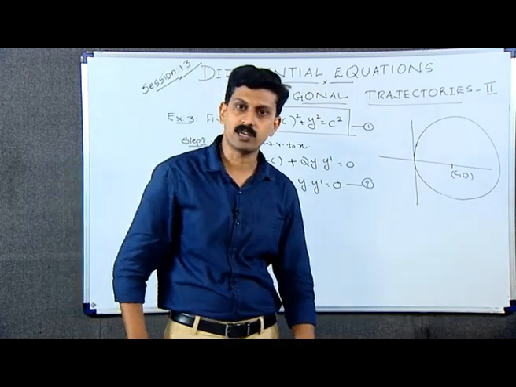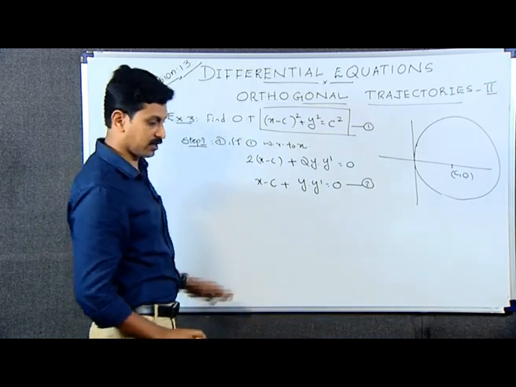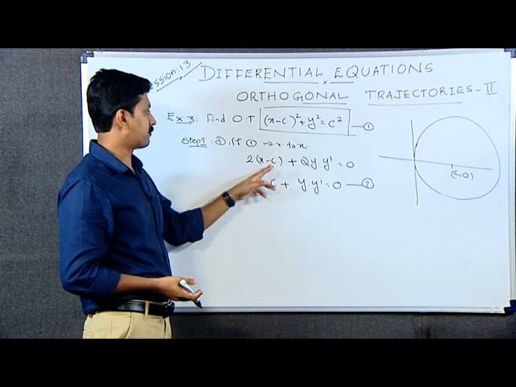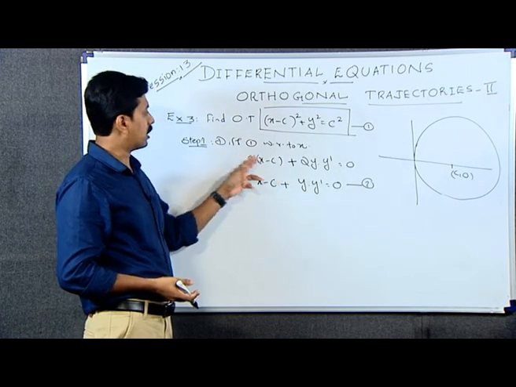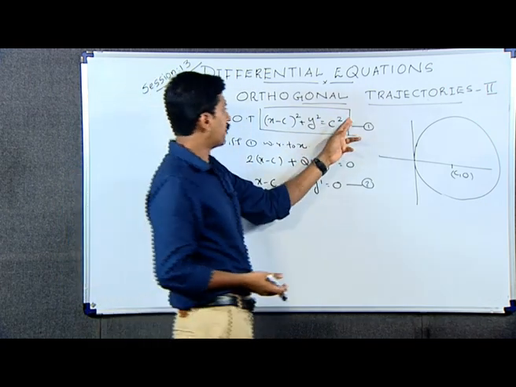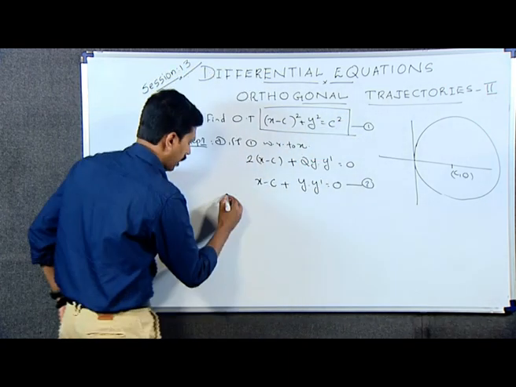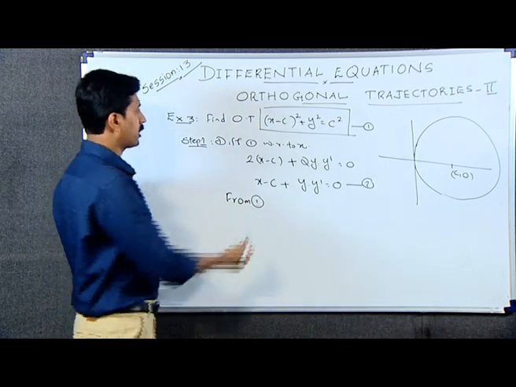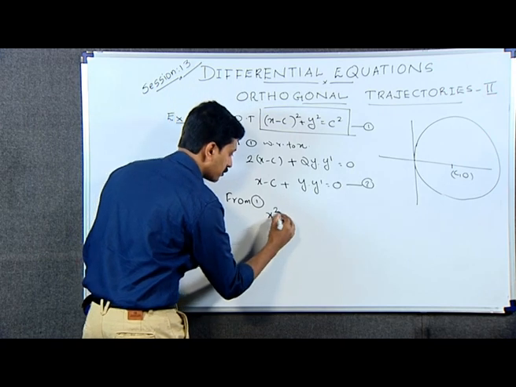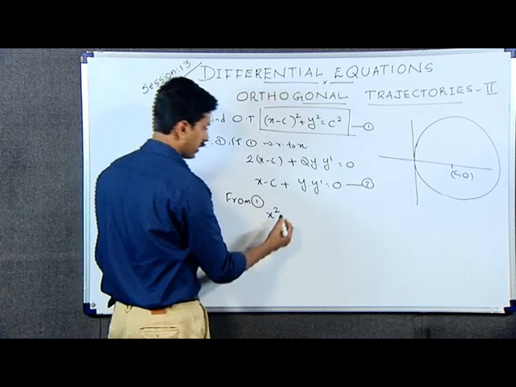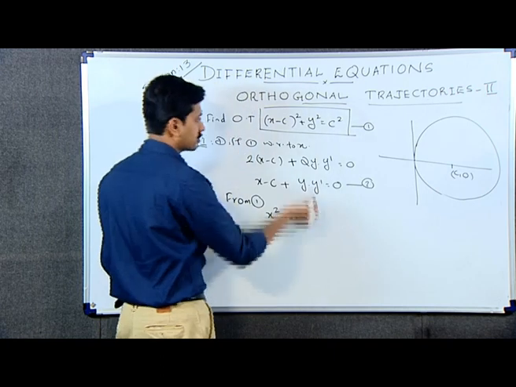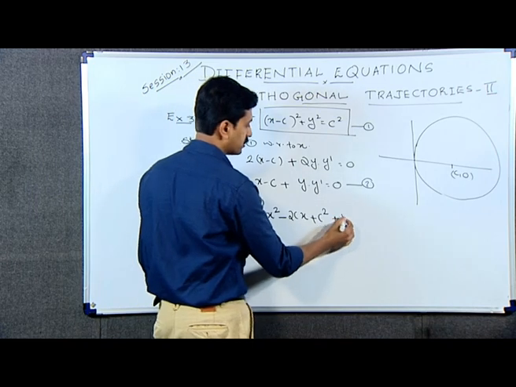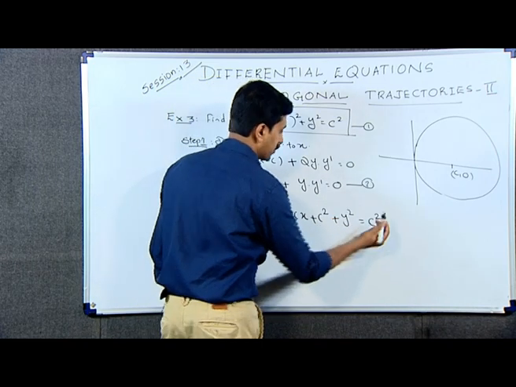This equation 2 is a differential equation corresponding to equation 1. From equation 1, we can find the value of c. Expanding (x minus c) whole square as (a minus b) whole square, we get x square minus 2cx plus c square plus y square is equal to c square.